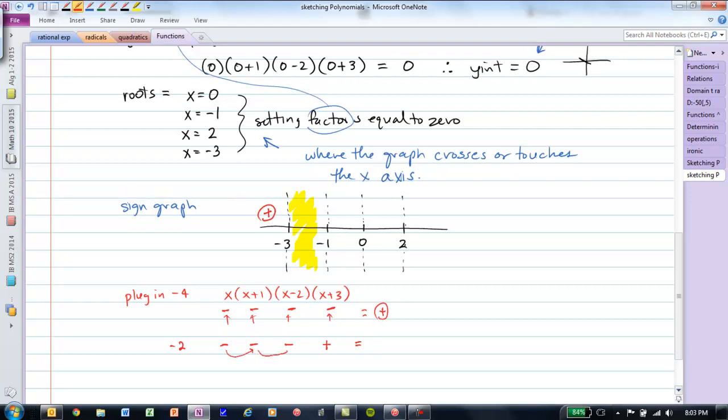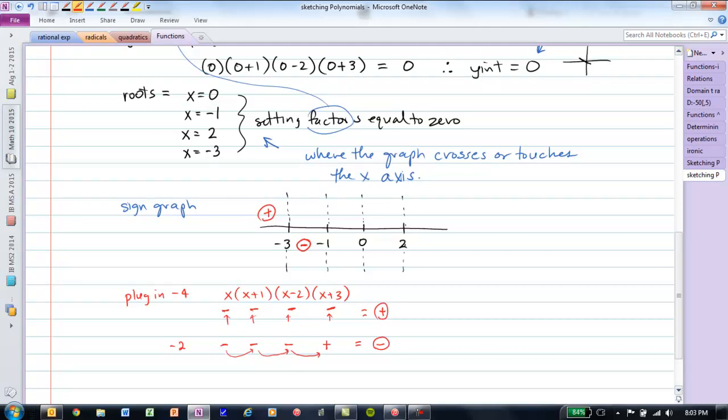And then that positive times negative would be negative. And negative times positive equals negative. Okay? So in this area, we're going to have our graph be below the x-axis in negative territory. Cool? Alright, so now we keep going.